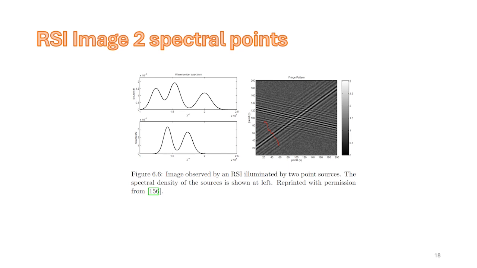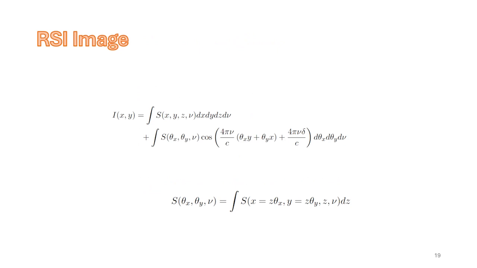So the RSI image in the end looks like something that's a cosine transform of the remote power spectral density of the source. You can analyze these terms because we've measured W of delta x, delta y on the RSI as a function of delta, and form spectral images of remote objects.